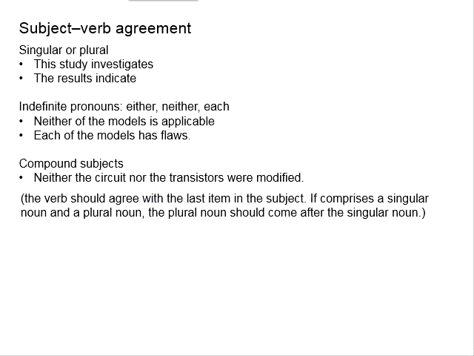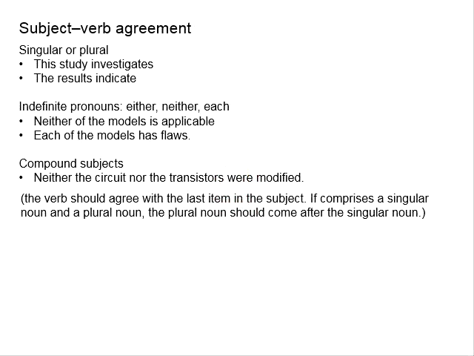Now you are in the dilemma whether to use your verb in the singular form or in the plural form. Theoretically, the verb should agree with the last item in the subject. That means in this sentence, the second item is plural, so your verb should be plural.